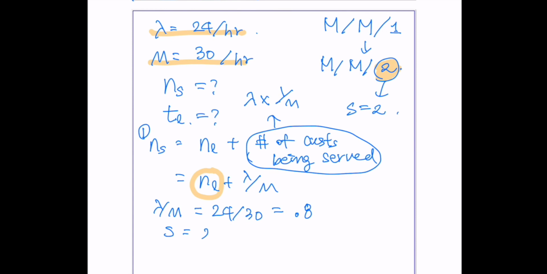S is 2. So given these two parameters, let's see how to find NL. What's given? The first one is lambda over mu, and in our case, 0.8. What is S? S equals 2. So let's look at the lambda over mu column first, and let's choose 0.8 here.